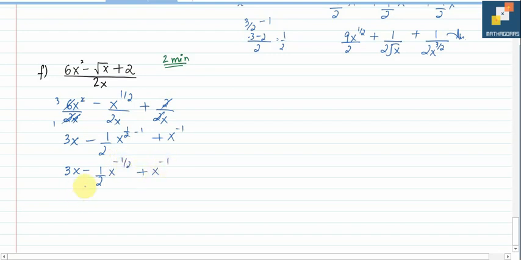And now we can start the differentiation. So the derivative of 3x, it will be 3 minus plus 1 upon 2. First we need to write down the power and then subtract 1 from the power, so it's minus 1 upon 2 minus 1, plus minus 1 x minus 1 minus 1, right?